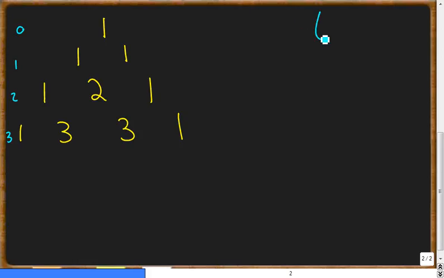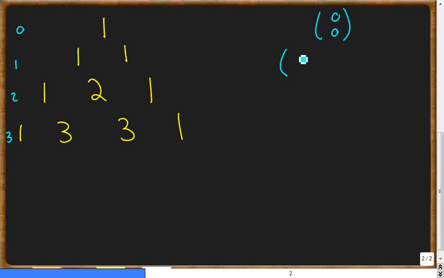So, for example, our Pascal's triangle was 1, 1, 1, 1, 2, 1, 1, 3, 3, 1, and so on. This represents row 0, row 1, row 2, row 3. So these numbers actually look like this. This is 0 choose 0.